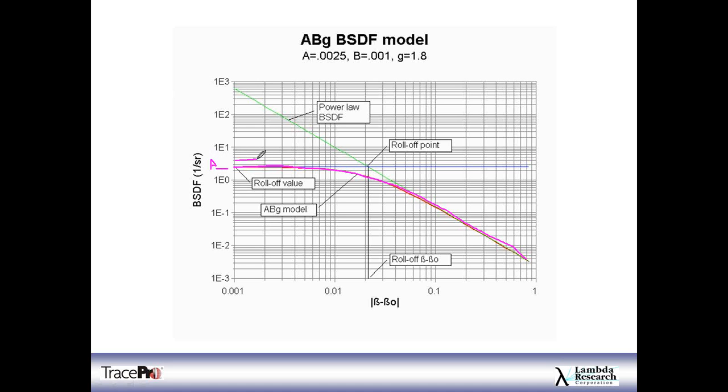B is the flat portion here where this roll-off occurs. And then G is the slope of this part here. So different materials will have different curves here. But it's these curve fitting parameters, these ABG values, that you'll typically enter into TracePro to define your scattering function.